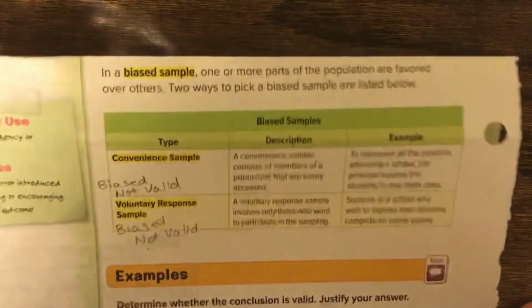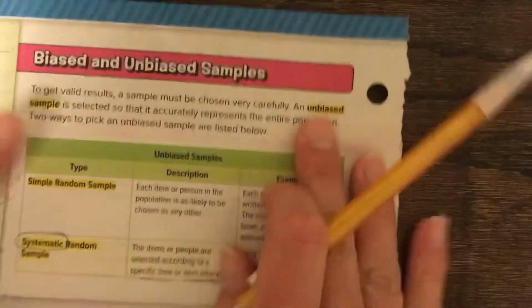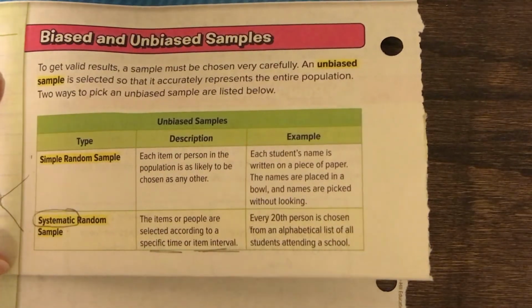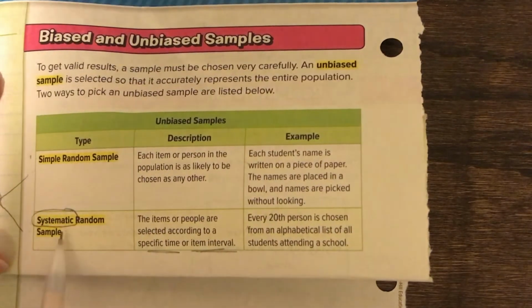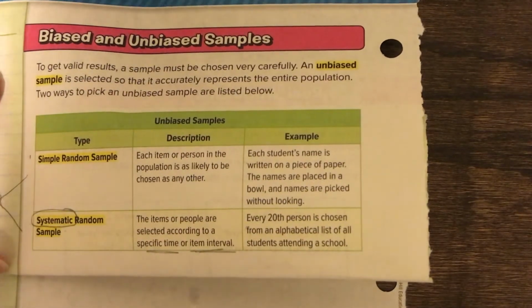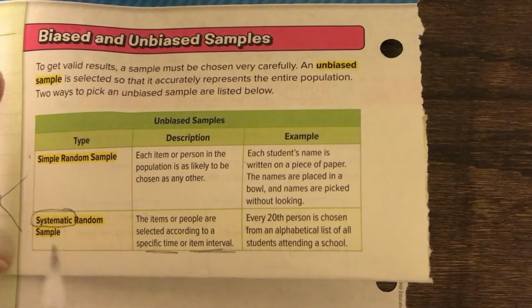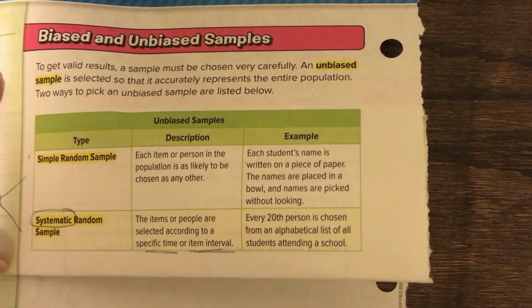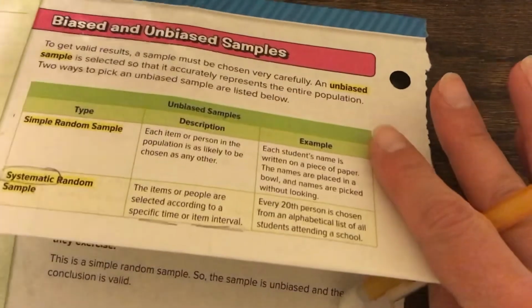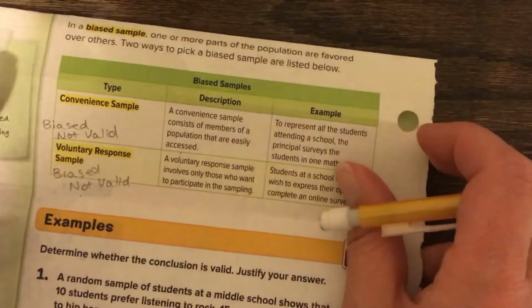So very quickly, I'm going to remind you guys again. Simple random is like picking something out of a hat. Systematic random, there's a system in place: every 10 minutes, every 25 cars, every fifth cell phone, whatever they are sampling. Those were all unbiased. These are biased.